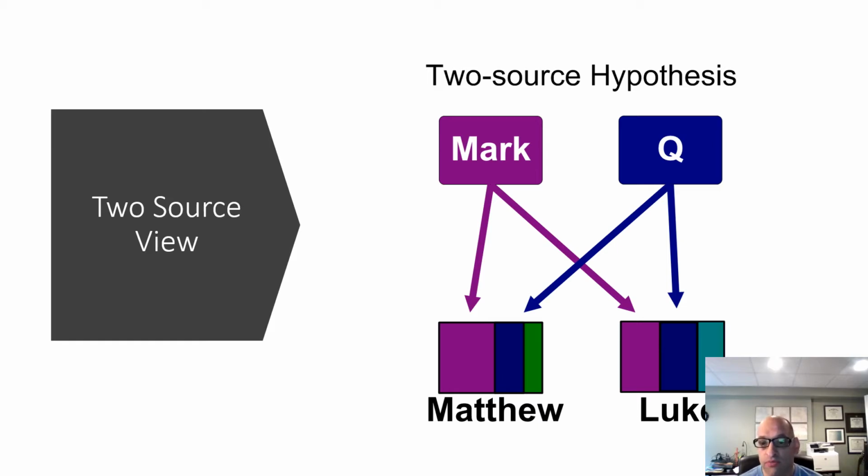And so Q, from Quelle, is informing the gospel writers on exactly how they should frame and set up their narrative account. Or, if you look at the two source view, Mark is the main source from which Matthew and Luke are arriving at meaning in the life of Jesus. Hopefully the graphic there can show you how one may be borrowing a source from another.